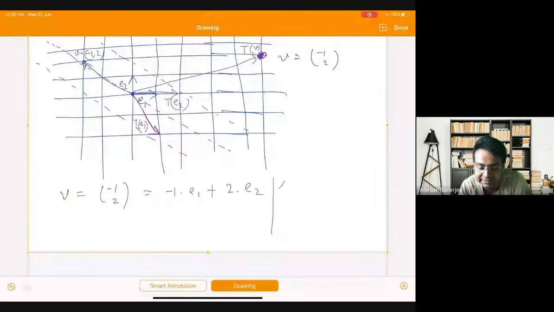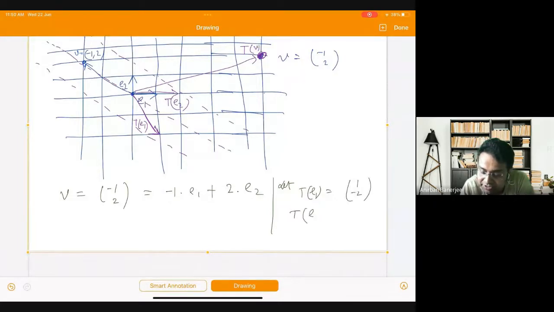Let me give you an example. Let's say your E1 now becomes 1 comma -2, and after the transformation E2 becomes 3 comma 0.